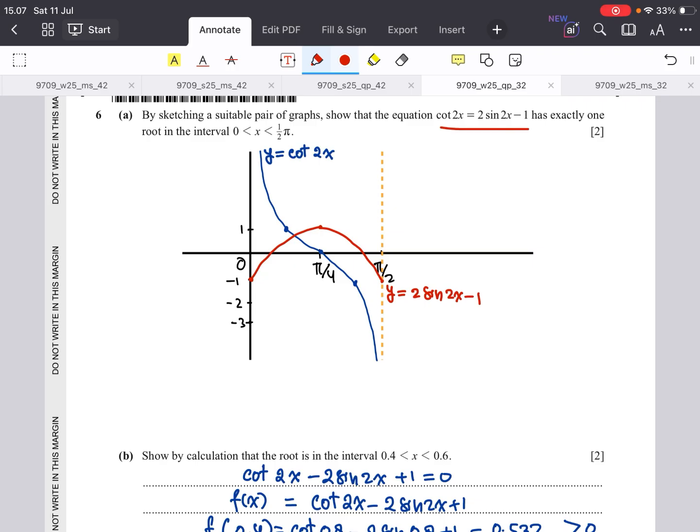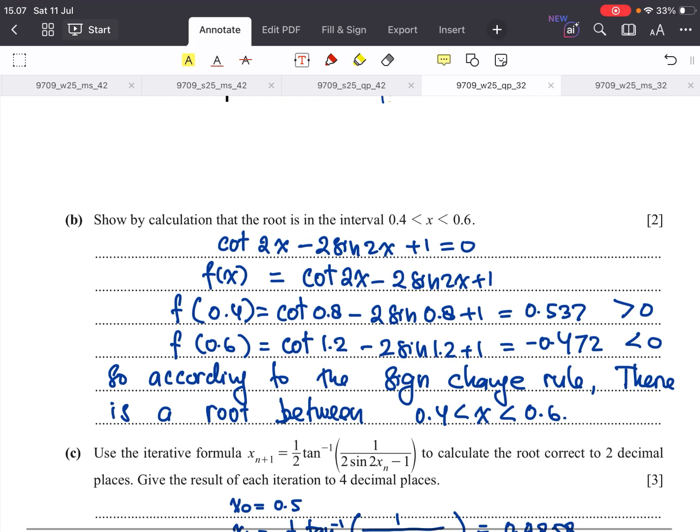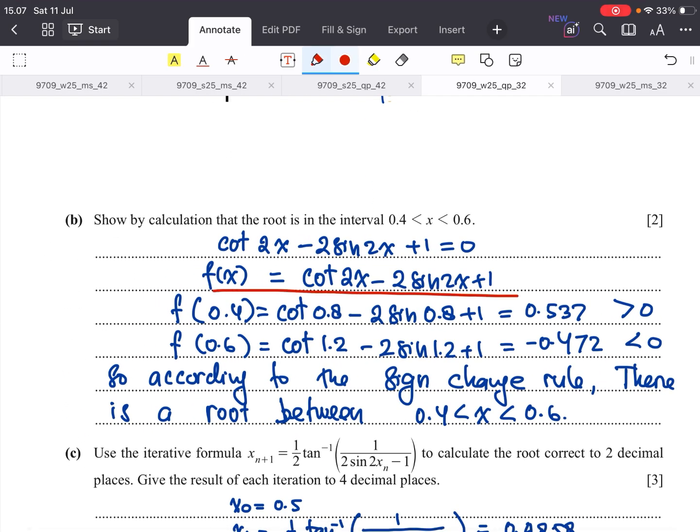So when we move this one to the left, the equation becomes cot 2x minus 2 sine 2x plus 1 equals 0. So f(x) is cot 2x minus 2 sine 2x plus 1.